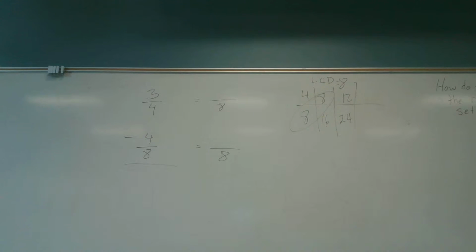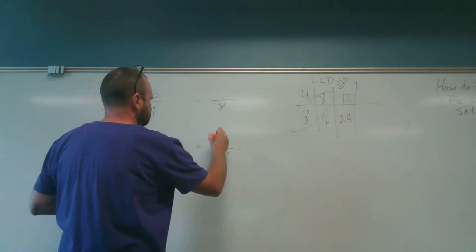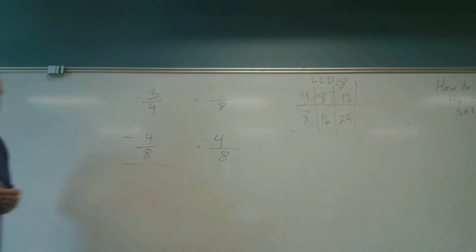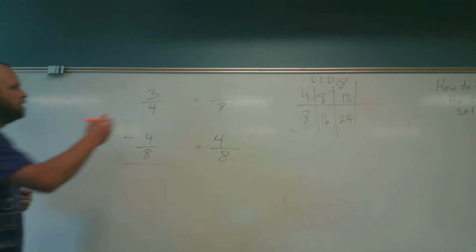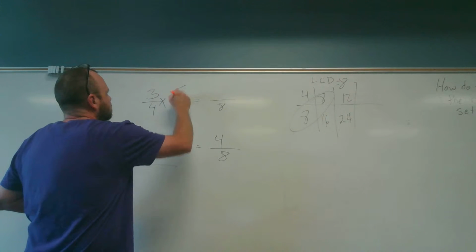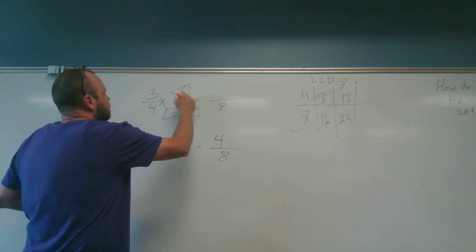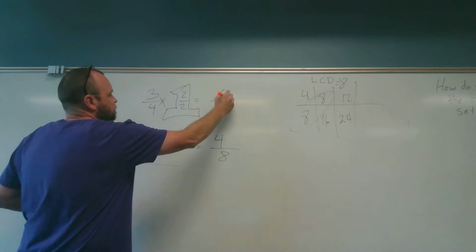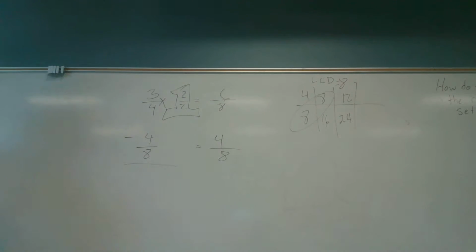Which one? 4 eighths. 4 eighths already has a denominator of 8, so I leave 4 eighths the same. I need to change 3 fourths. I'm multiplying by 2, and this becomes 6 eighths.